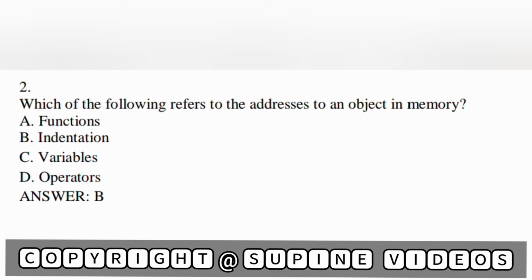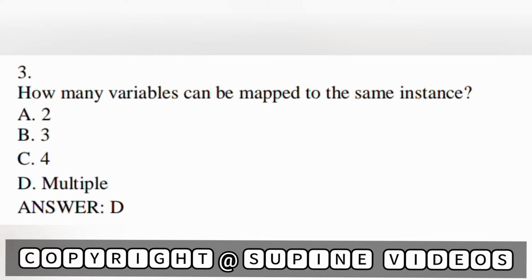Your options are A. Functions, B. Indentation, C. Variables, D. Operators. The answer is option B. Indentation. Question number 3. How many variables can be mapped to the same instance? Your options are A 2, B 3, C 4, D. Multiple. The answer is option D.